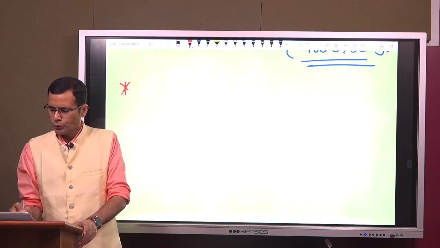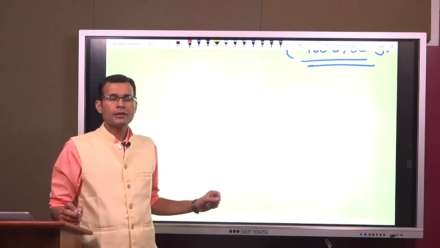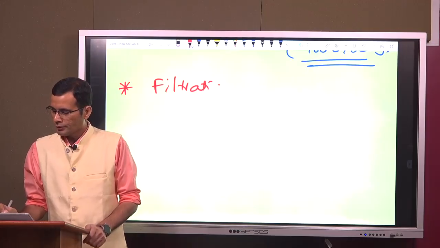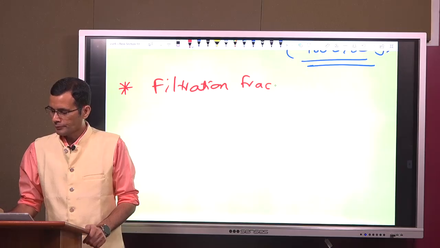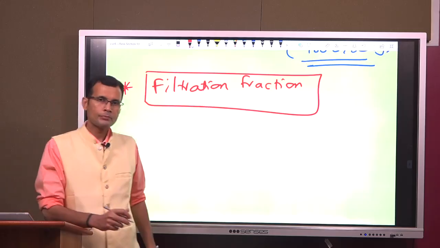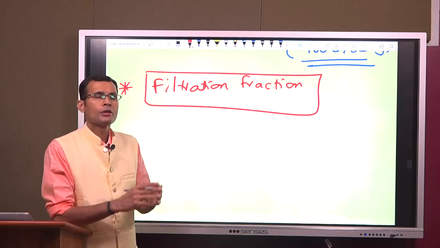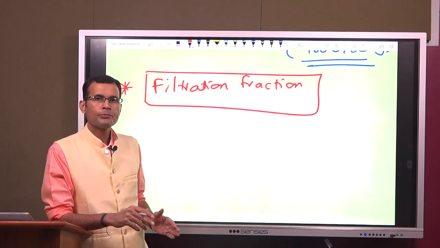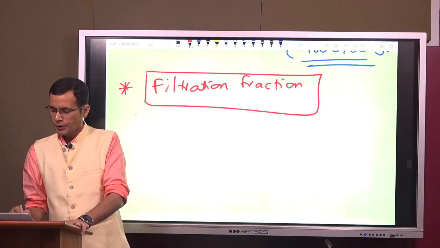Let's also look at one more entity related to this, and that is filtration fraction. Do you remember what is the renal blood flow? We have seen this already.